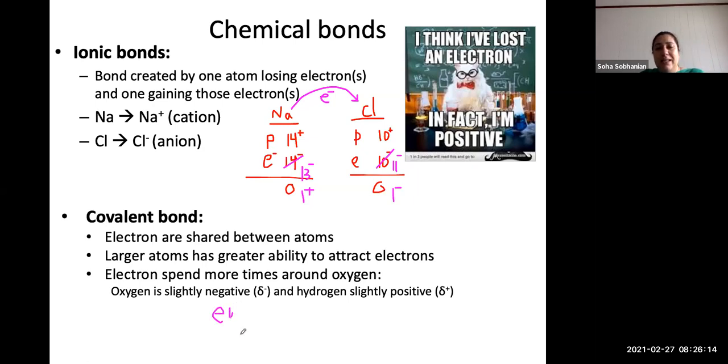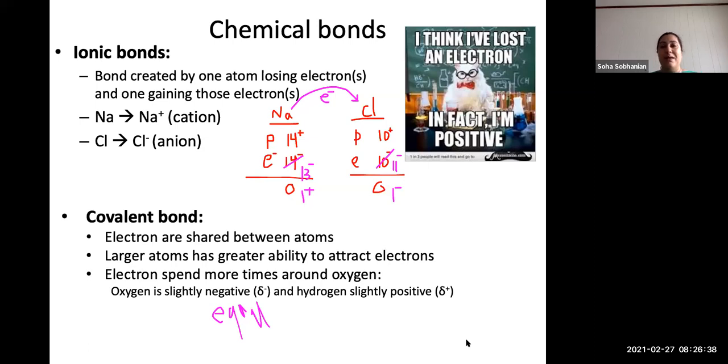One is equal sharing. Sorry, my thing is not really working, so I'm just going to type in the chat box to make it a little bit easier. If I have equal sharing, it's referred to as a non-polar covalent bond.